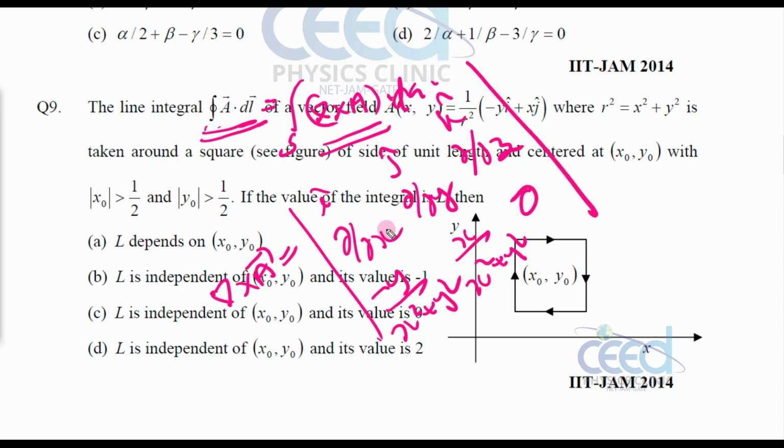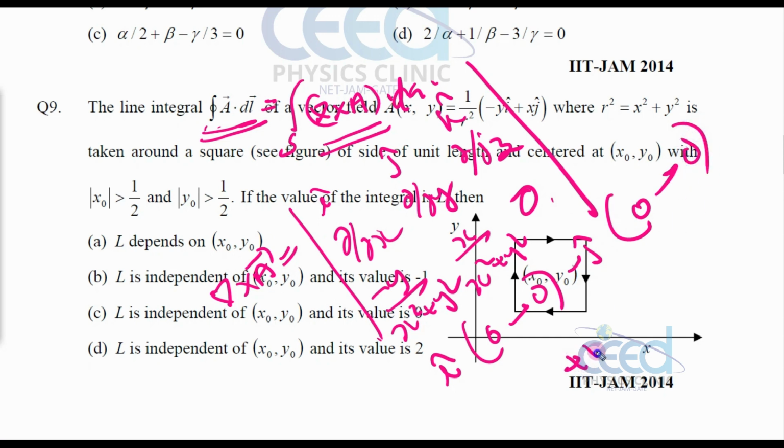So this we can calculate as I cap into 0 minus dou by dou z of this, which is 0, minus j cap into 0 minus dou by dou z of this, also 0, plus k cap into, let me write this as dou by dou x of this, 1 by x square plus y square, right?